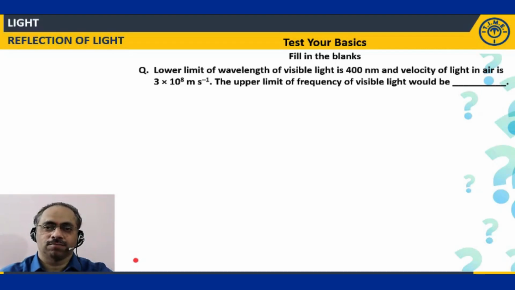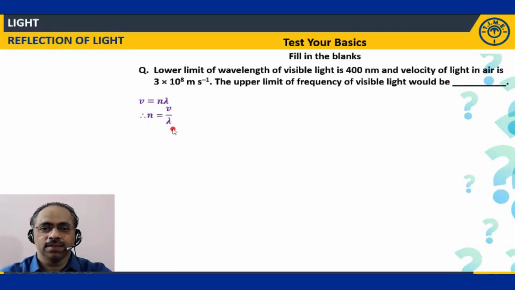This is the question. Now, basically, we will be able to solve this when you consider light as an electromagnetic wave. The speed of the electromagnetic wave is given as 3 into 10 power 8 meters per second. V is equal to n lambda is the expression we have. So, therefore, n is equal to V by lambda. What is lambda?